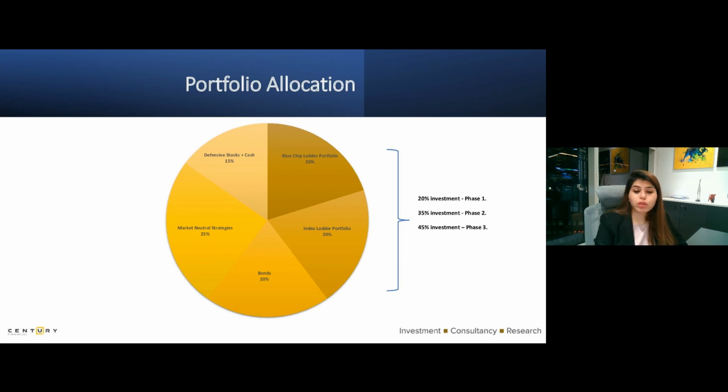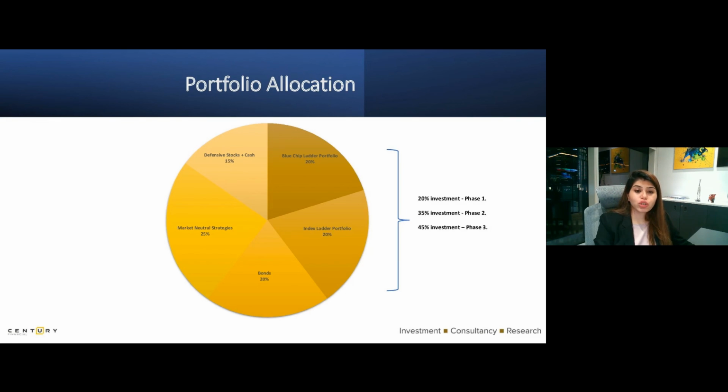Then we have also bonds, which may be a decent strategy to start accumulating from a long term perspective, given that the bonds are currently already yielding close to 3%, and the average inflation is less than 3%, the 10-year inflation. So bonds may end up doing well from that perspective.